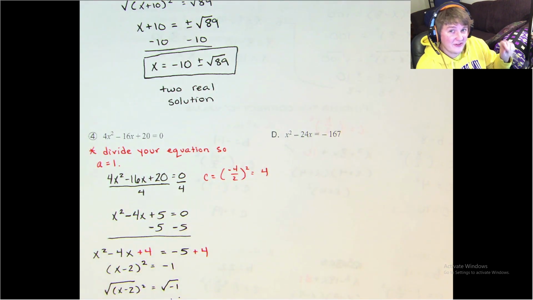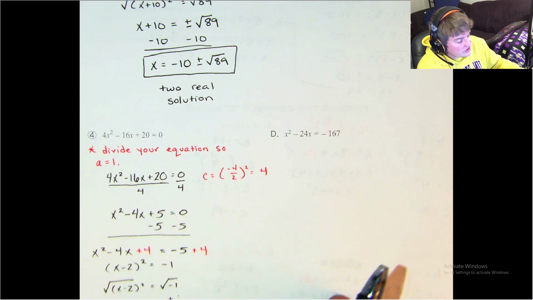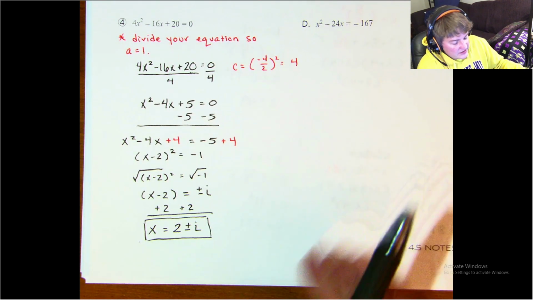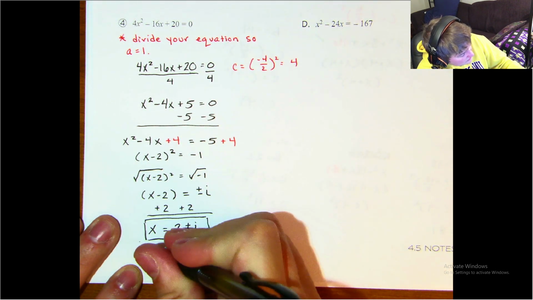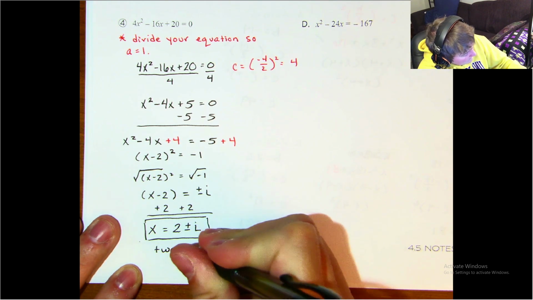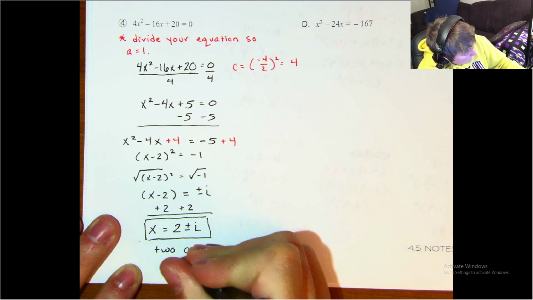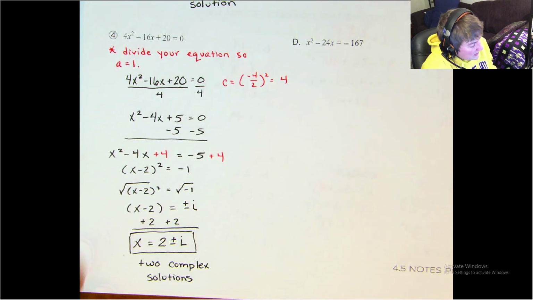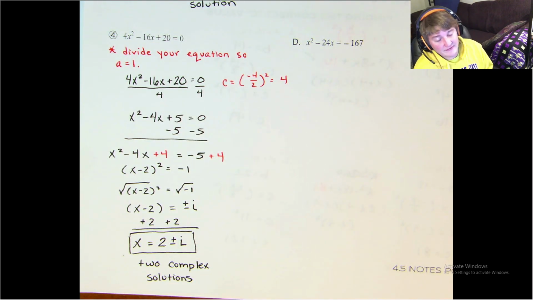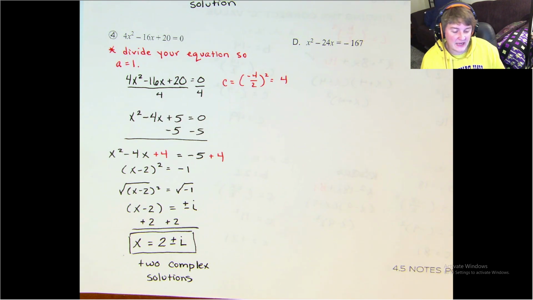They're not easily found because they're really wonky, weird decimals, but I could find those. Those are real numbers, as opposed to this one, which has 2 complex solutions. Essentially, this means I cannot find 2 plus i or 2 minus i on the number line.